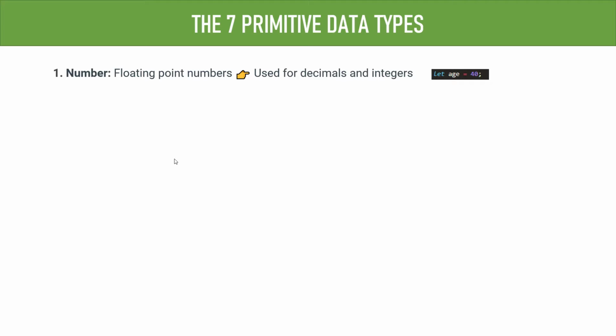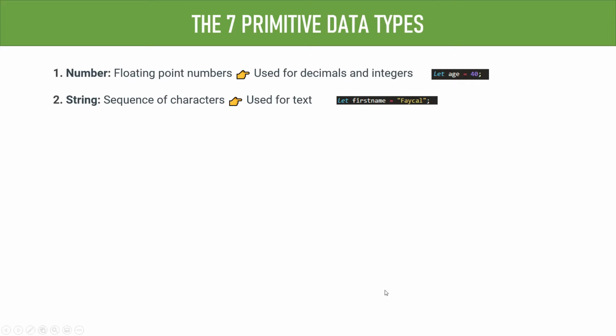Okay? Next up, we have string, which is simply a sequence of characters. And so they are just used for text, as we already learned, and we always put them in quotes. It's very important. No matter if double quotes or single quotes. Otherwise, JavaScript will confuse them with variable names. What else do we have?